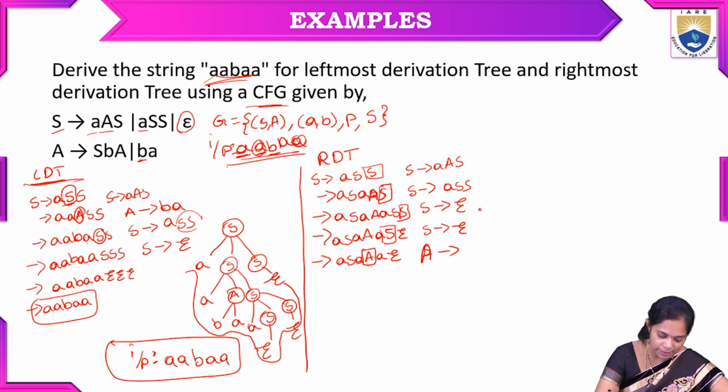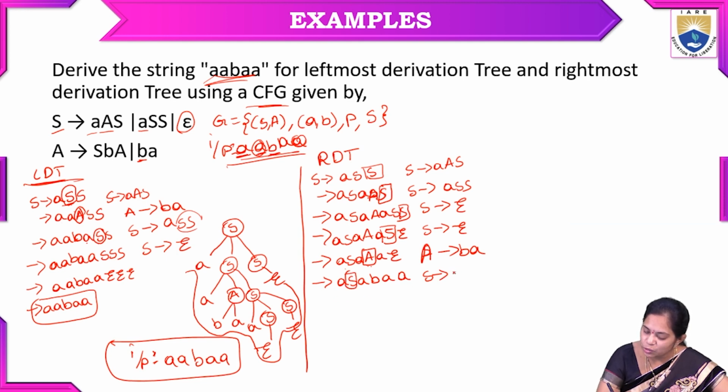So instead of this, we write A, S, A, B, A. And here again the other non-terminal is there, and only the non-terminal S remains. Let's write S tends to epsilon. We will get the input string as epsilon, A, B, A. And finally A, B, A.